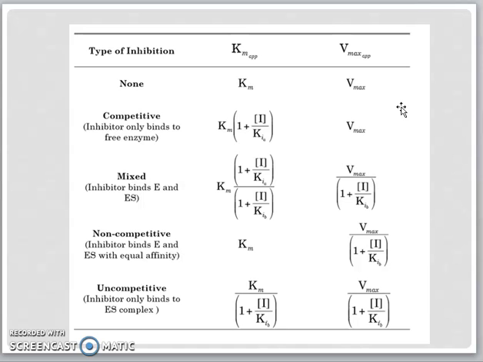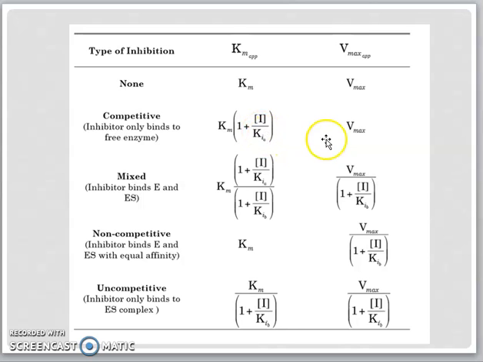For the one without inhibition, Km app is Km and Vm app is Vm. For competitive, you take the Km app value equivalent to Km times 1 plus I over Ki in order to find the Ki value.